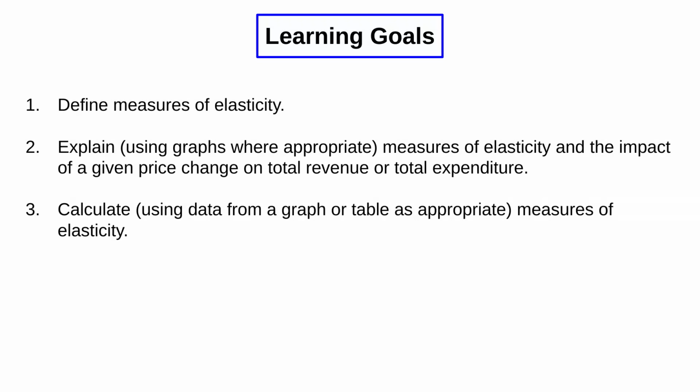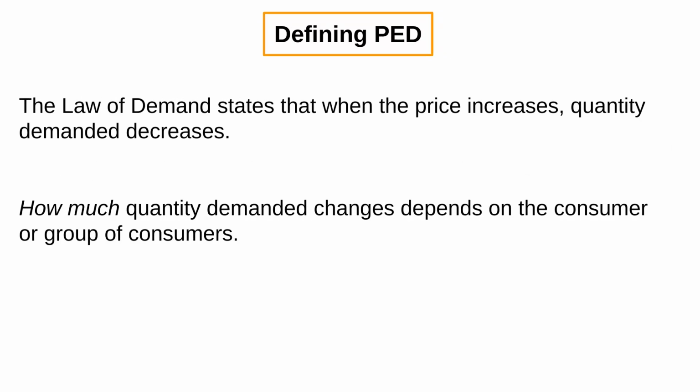Really, what we're looking at here is how sensitive are buyers to price change, right? We talked about demand. We talked about the law of demand, which states that when the price increases, quantity demanded decreases, right? We learned that in 2.1. What we're learning here is how much quantity demanded changes depends on the consumer or group of consumers, right?